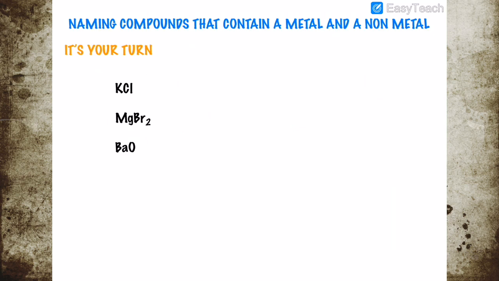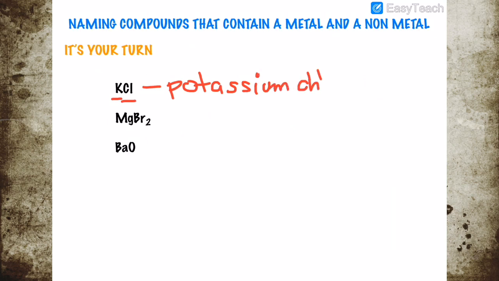For the first example, our first element, our cation, is K, which is potassium. And our anion here is Cl, therefore it's chloride. So KCl will be potassium chloride.